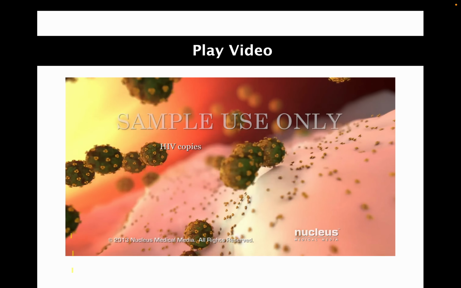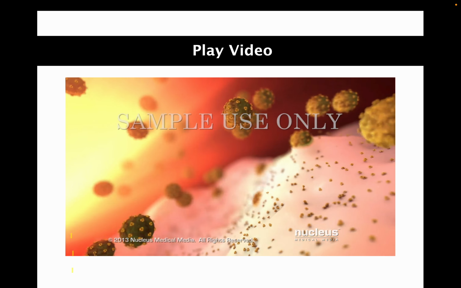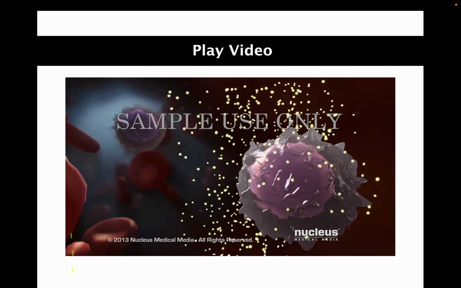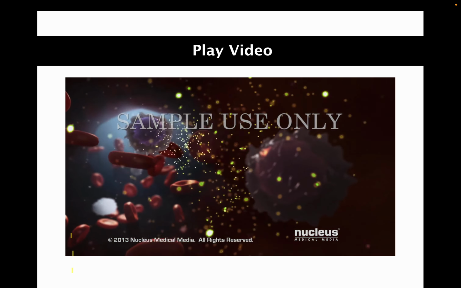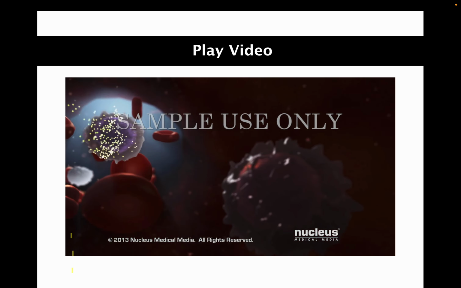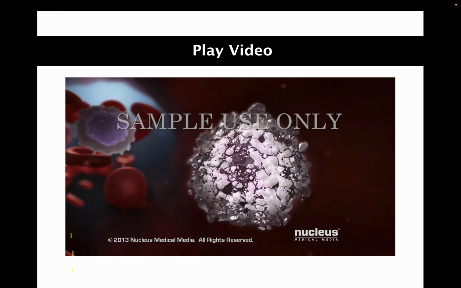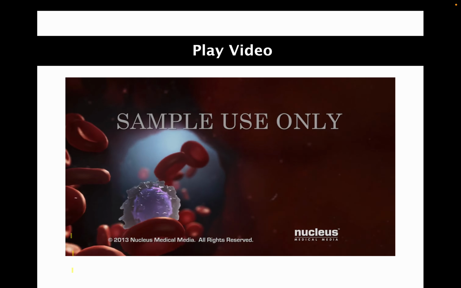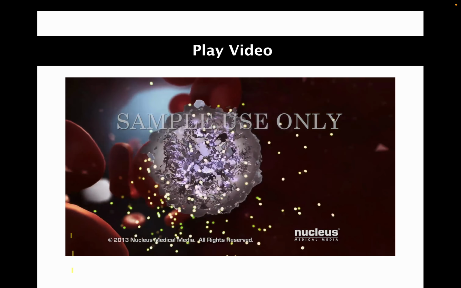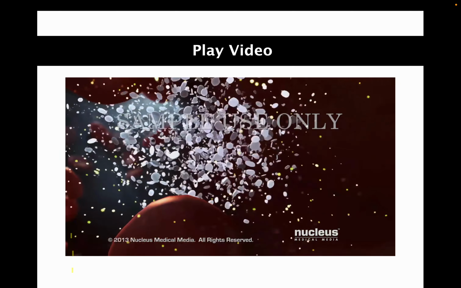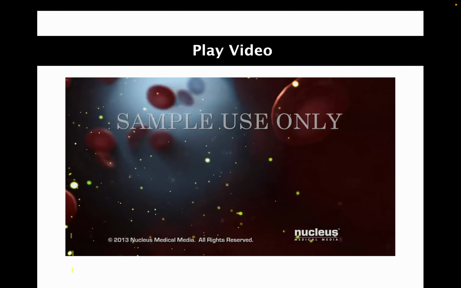As these virus particles are made, they leave the damaged helper T cell to infect other cells. The T cell loses its ability to protect the body from the ongoing infection and dies. In this way, HIV spreads and kills more of your helper T cells, weakening your immune system.